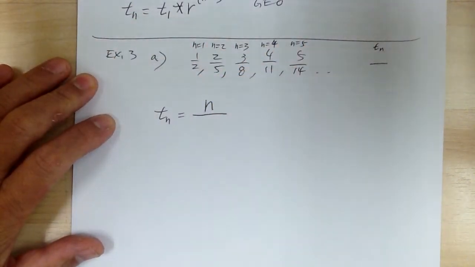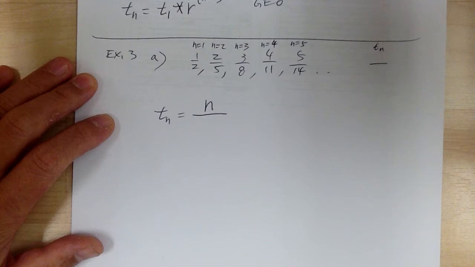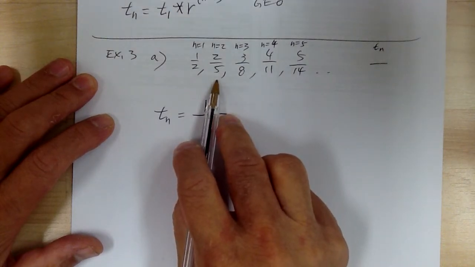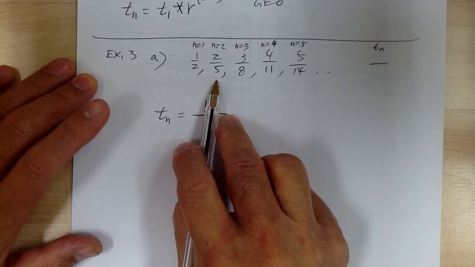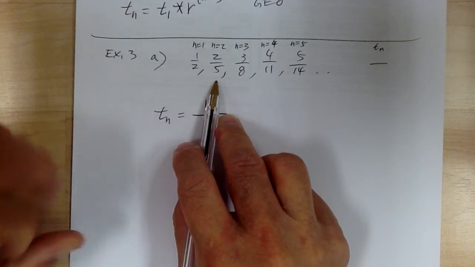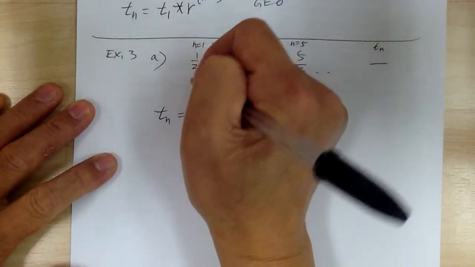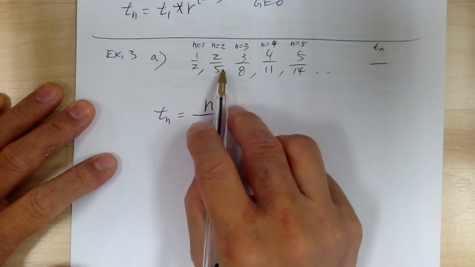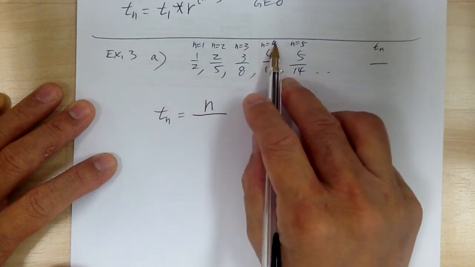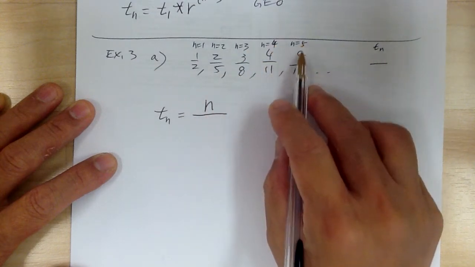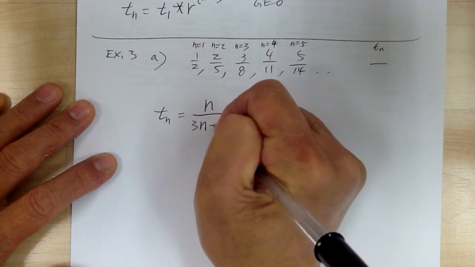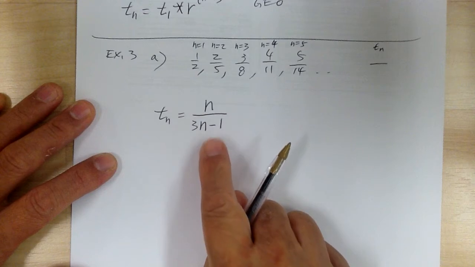Now the bottom is a little bit harder to do, okay? Notice that you multiply by 3 and minus 1 will give you that, times 3 minus 1, times 3 minus 1, times 3 minus 1. Okay? This is a little bit harder to see, but it would be 3n minus 1. That would be the bottom.